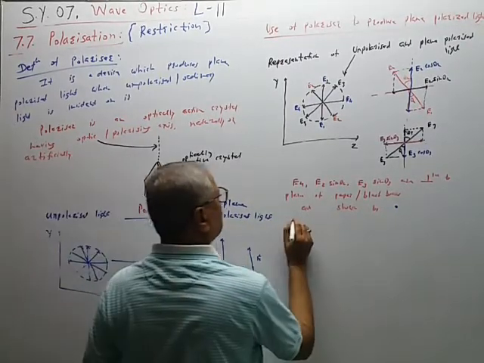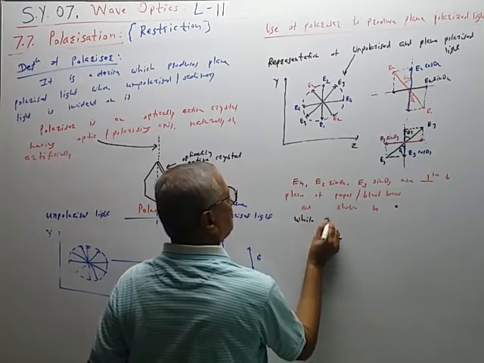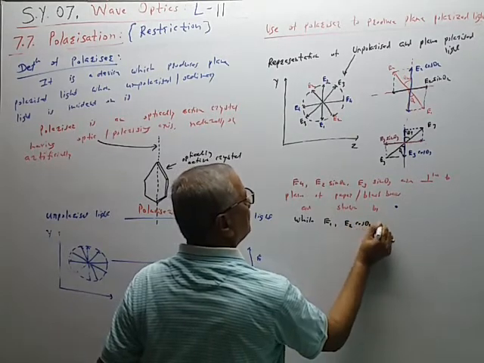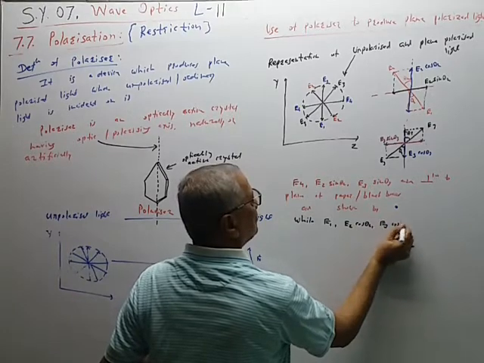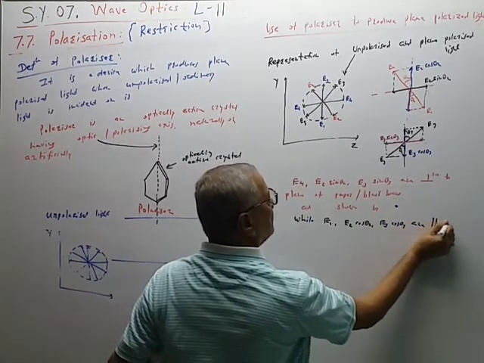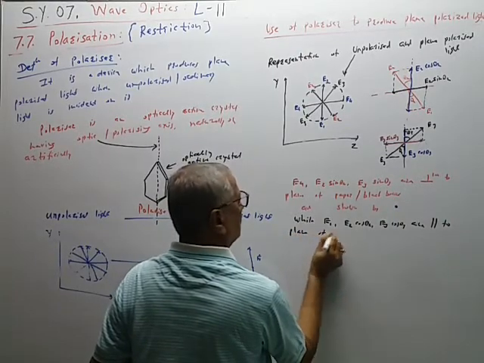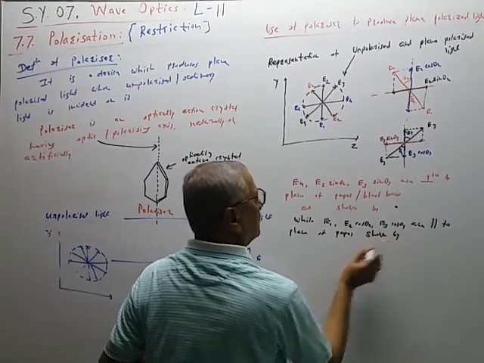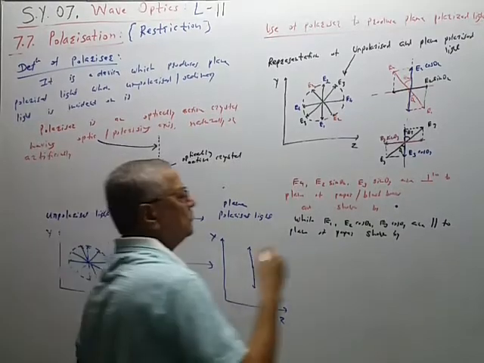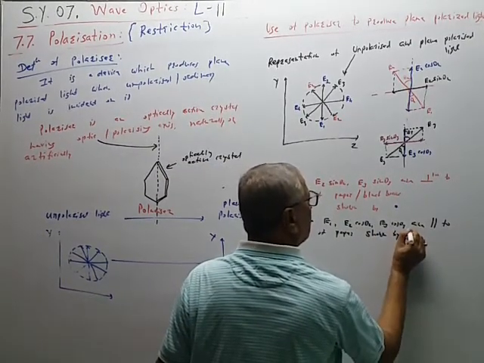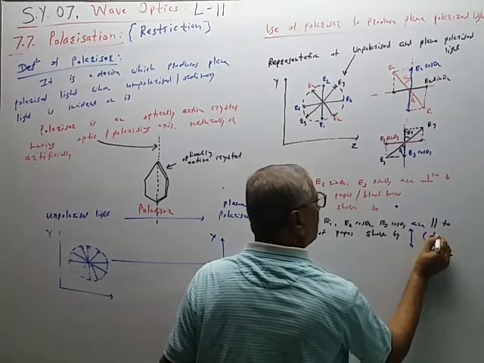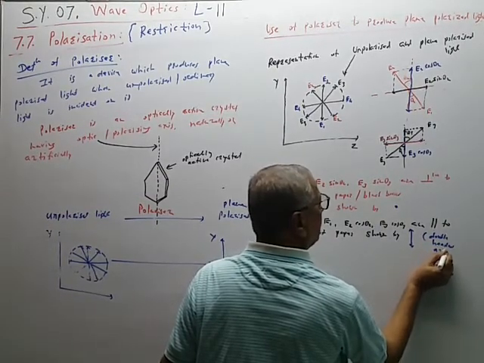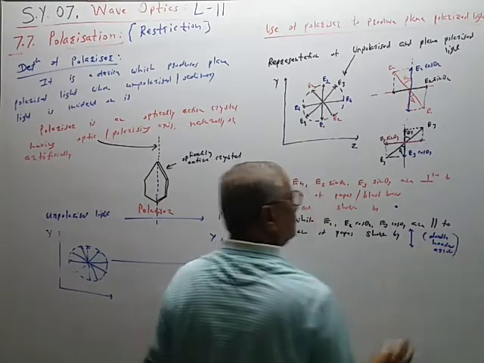While E2 cos theta 2 and E3 cos theta 3 are parallel to the plane of paper, shown by a double headed arrow, like this.